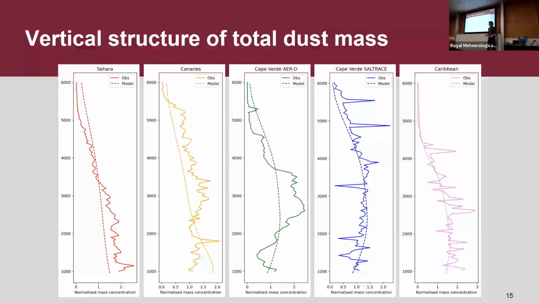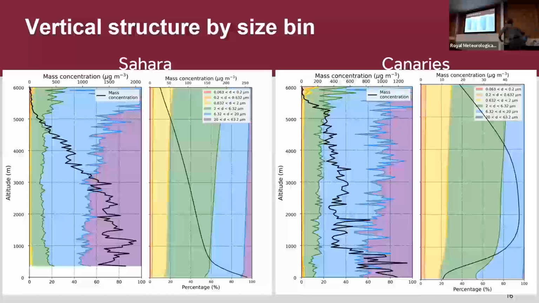Okay, yeah, so in terms of the observations, I've looked at high AOD events and low AOD events. Between high and low AOD events in the observations, these percentage contributions didn't particularly change.